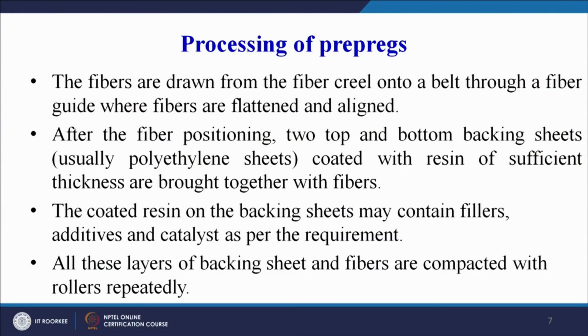So it may not only be a neat polymer, sometimes it may have fire retardants, sometimes there may be coloring agents, or there will be catalyst which will help in the process of partial curing. All these layers of backing sheet and fibers are compacted with rollers repeatedly. Compaction means we will allow a certain degree of pressure acting on this sandwich.